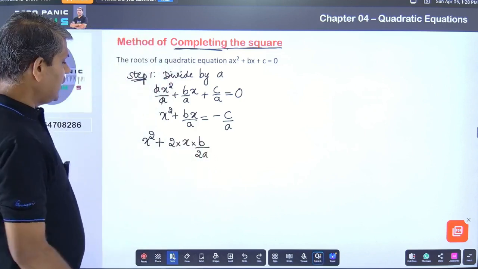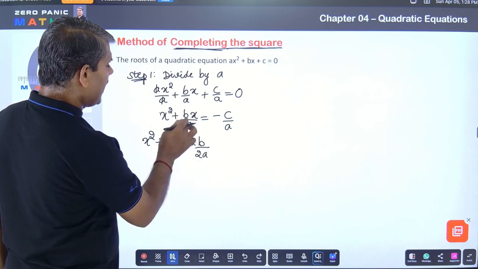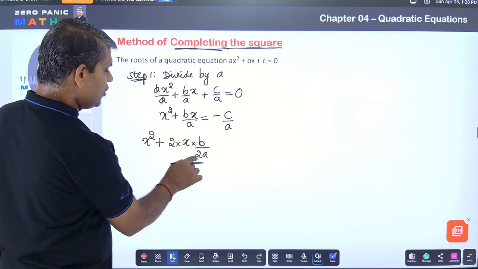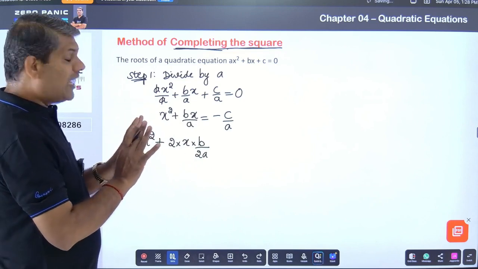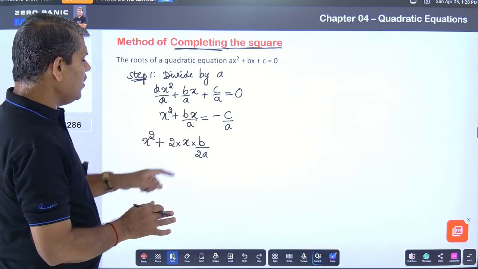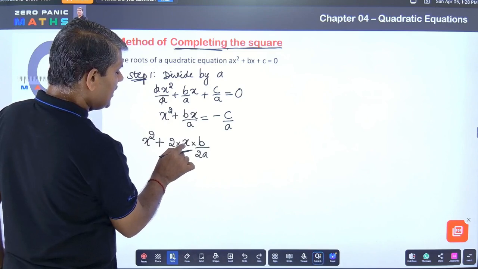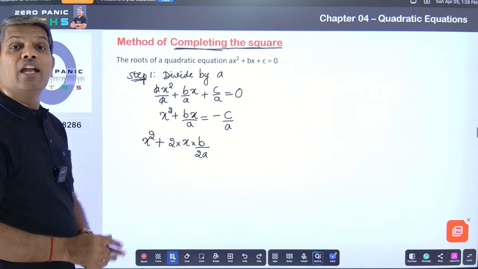You got this? You see, 2 will get cancelled, and what remains is bx by a. So bx by a only will remain here. 2 will get cancelled. So I did not do any modification to this value, but I have written it in the form of 2ab, where a is x and b is b by 2a.